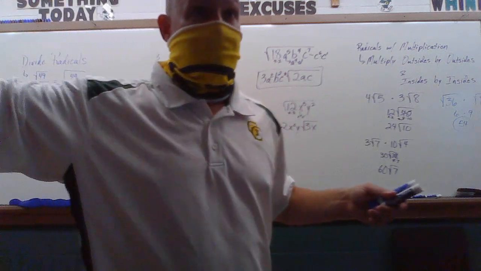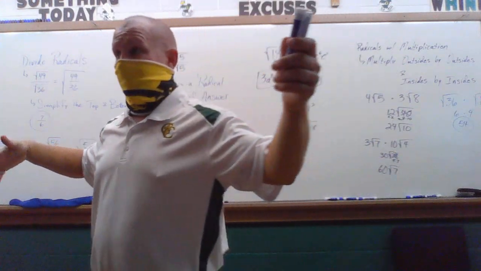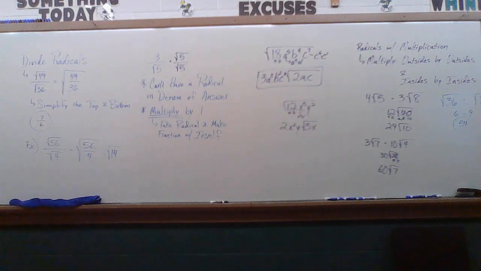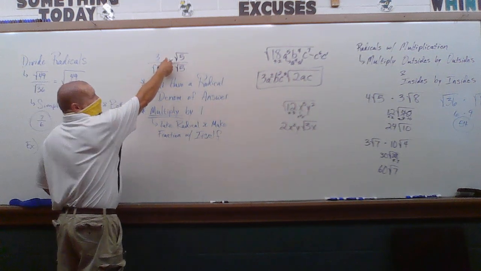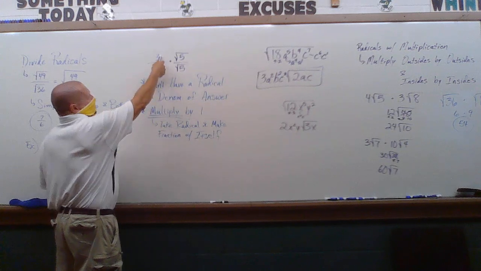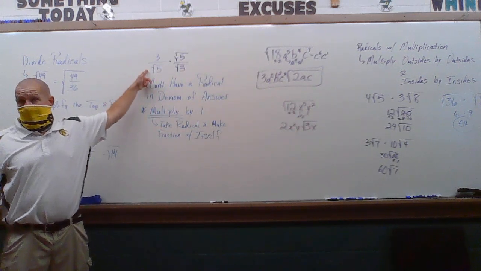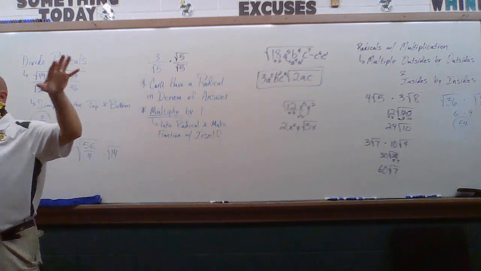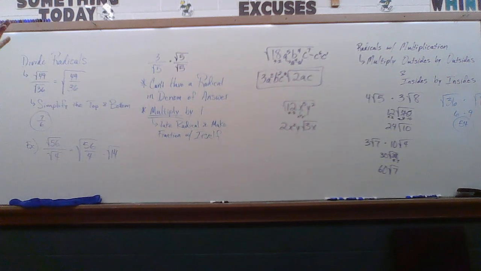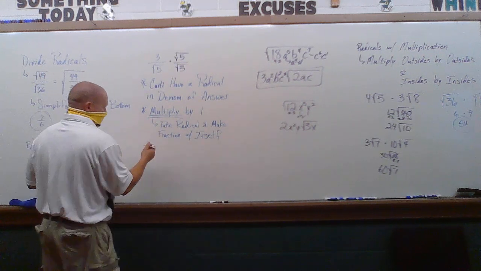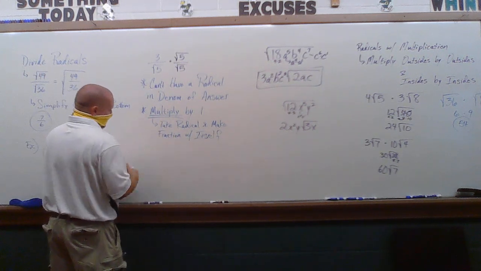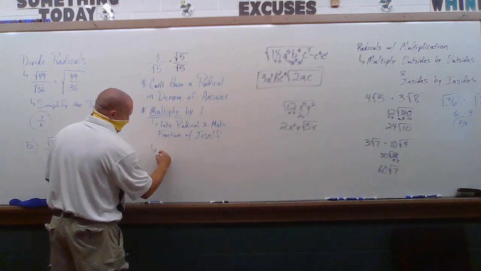Look diagonally and do what? Reduce or simplify. Well, if I simplify this, what happens? My 5's right here would cancel out, right? But what would be left over? 3 over the square root of 5, and I'm right back to my original problem. So this is the only time that you never want to think about simplifying when you're dealing with fractions. All right? So we're going to do this. We took our radical. Now, multiply straight across.